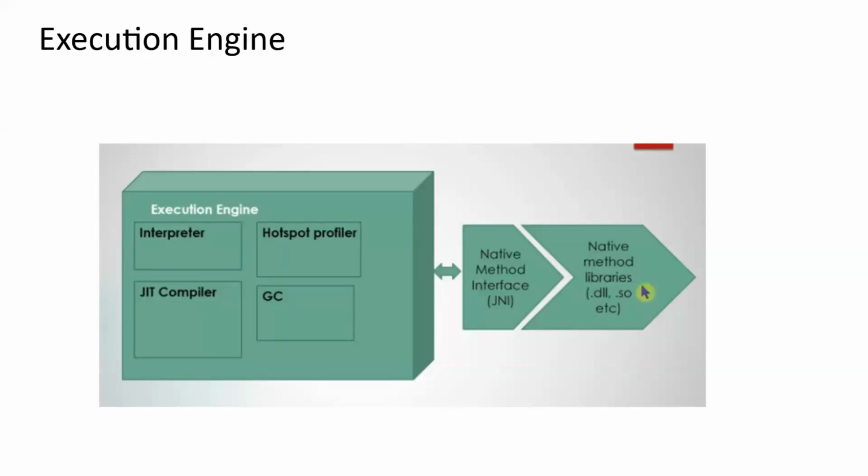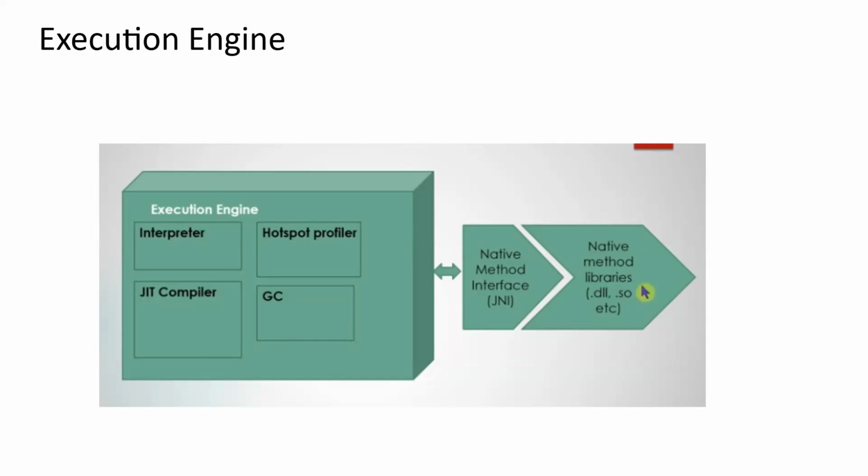Okay, there are other components like hotspot profiler and JIT compiler, which actually take care of some efficiency of your execution engine. This profiler has nothing to do with our own J profilers. This is something JVM uses in itself to efficiently operate your JVM or to execute your Java code.